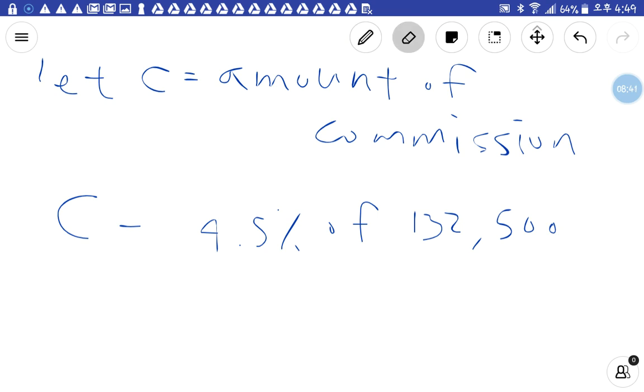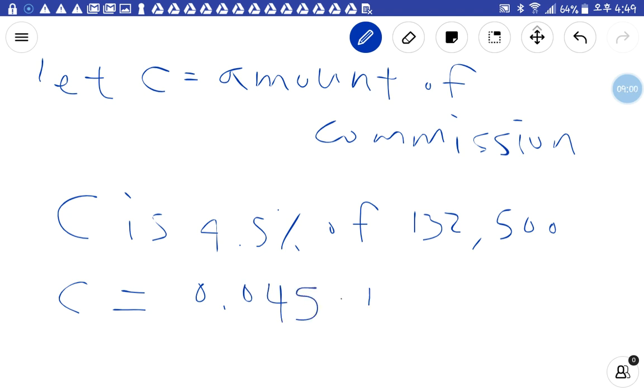So C is, right? This time I can write down my equation: C equals 4.5 changed into a decimal, which gives you 0.045, times 132,500.